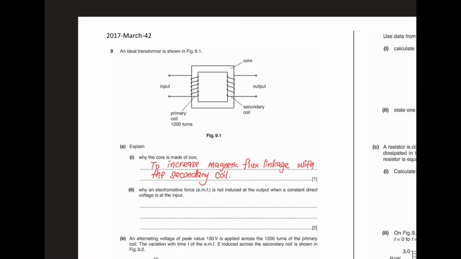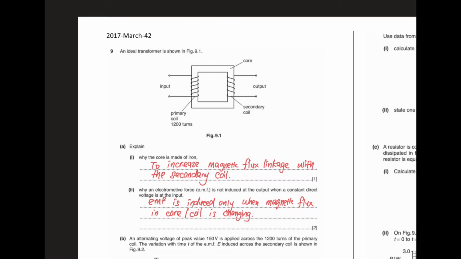So EMF is induced only when magnetic flux in the core or coil is changing.